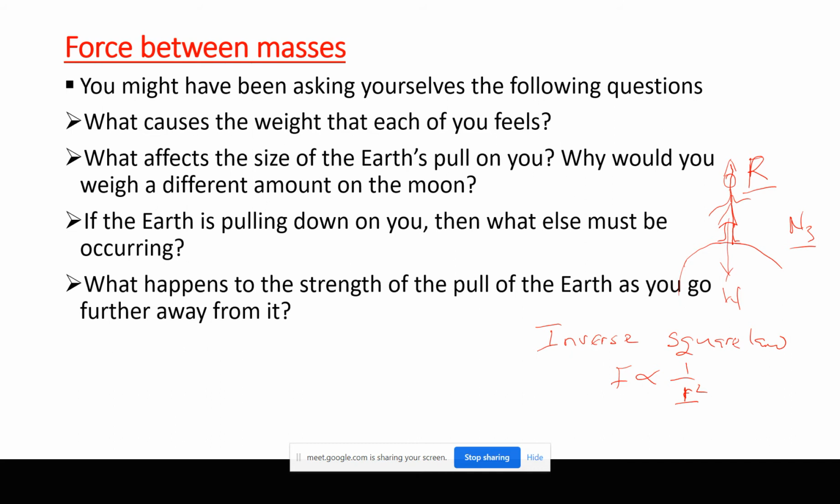We saw 3 laws, which were the laws of motion. Law number 1, Isaiah. Isaiah cannot state Newton's first law of motion. Sandra, Newton's first law of motion.